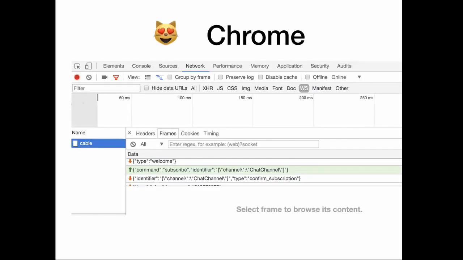Okay, power-ups. All right, so Chrome, I really love Chrome. This made my life a lot easier. For those of you who don't know, the Network Tools tab is your holy grail. You can basically filter by the frames of data coming back on the WebSocket. And you can even submit data directly back on the wire this way as well through the console.